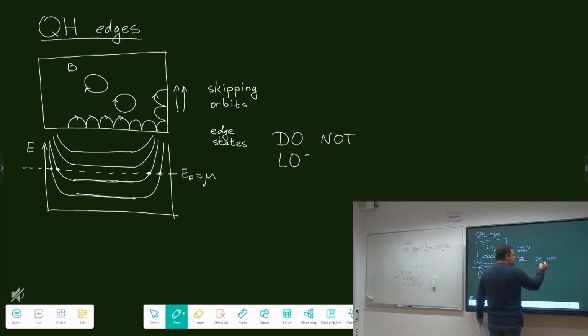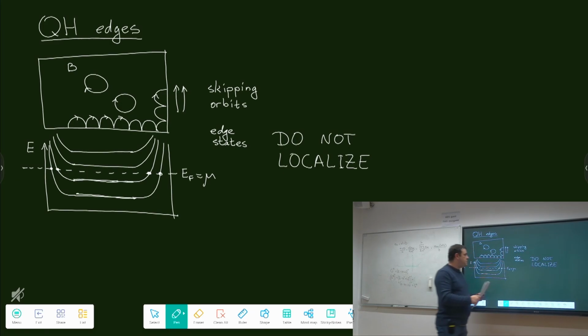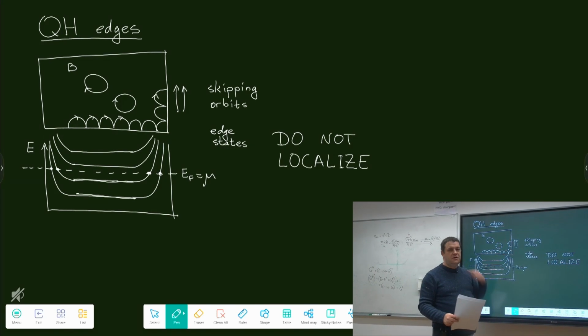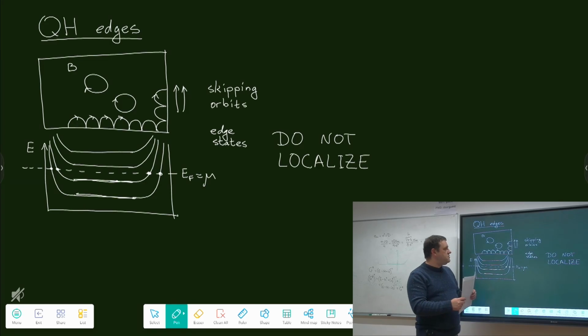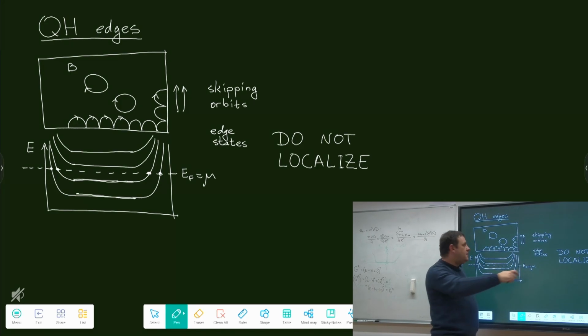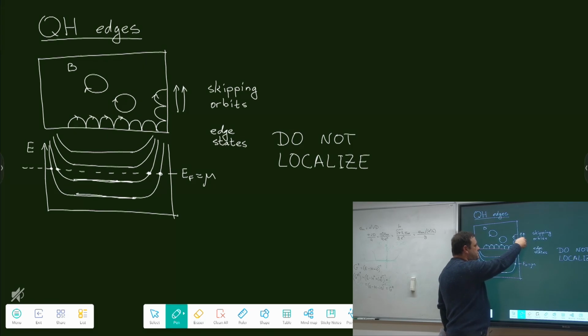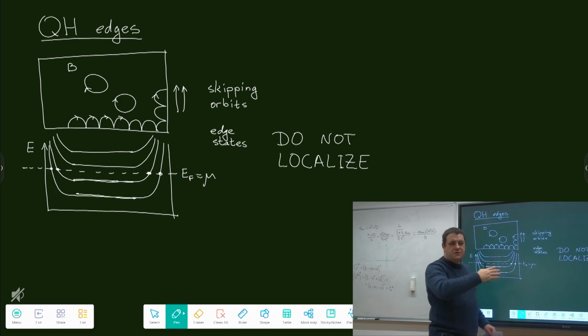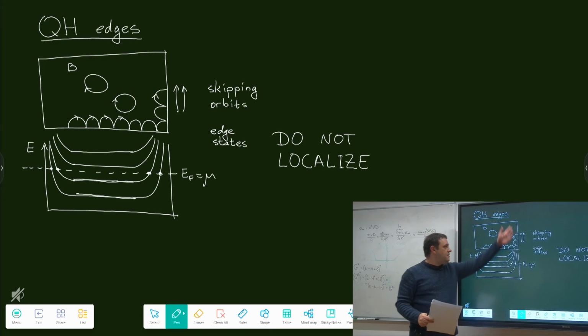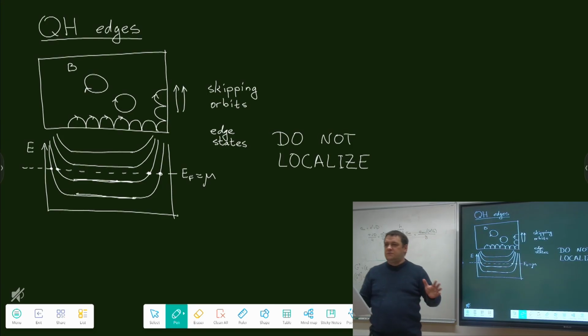No matter how much disorder you add, it's not possible to localize these states for a simple reason, because they propagate only in one direction. So both modes here propagate counterclockwise. If you add impurities, the only thing impurity can do, it can scatter between different states. So it can scatter from this state to this state and back, but no matter how your electron jumps between these 2 states, it continues to propagate in the same direction. That's why this current due to these modes cannot be stopped by disorder.